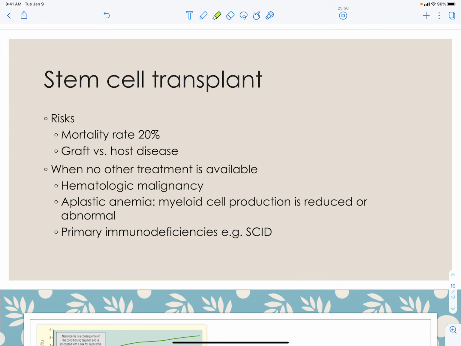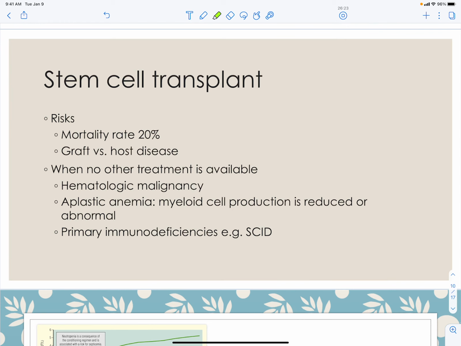So you can have, for example, a primary immunodeficiency, which is the easiest to think about, because in a primary immunodeficiency, you have deficient cells, whether they're neutrophils not able to do oxygen burst, or T regulatory cells that can't express FOXP3, so you have widespread autoimmunity. You can use the hematopoietic stem cell to try to give the patient a new set of cells that will be functional. And so there are risks associated with it.